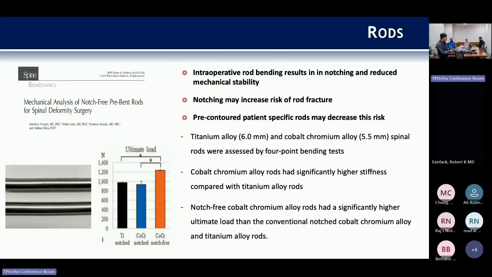A biomechanical study compared notched versus notch-free rods made from titanium and cobalt chrome. The notch-free cobalt chrome demonstrated the highest load to failure strength, and essentially the takeaway here is that pre-contoured or potentially patient-specific rods may preserve strength and reduce failure risk. The graph there shows that the notched titanium and cobalt chrome significantly reduce their ultimate load.